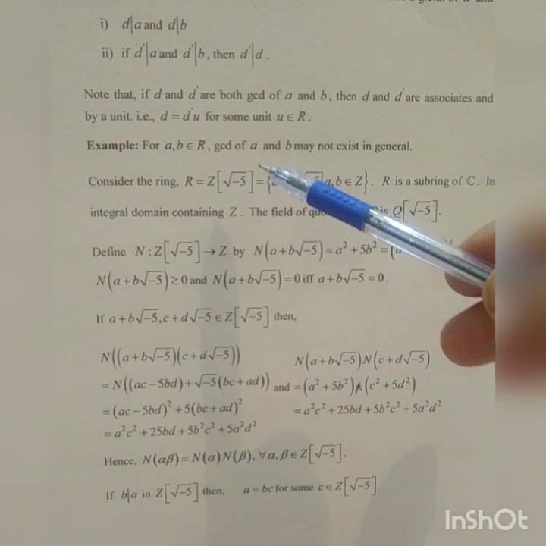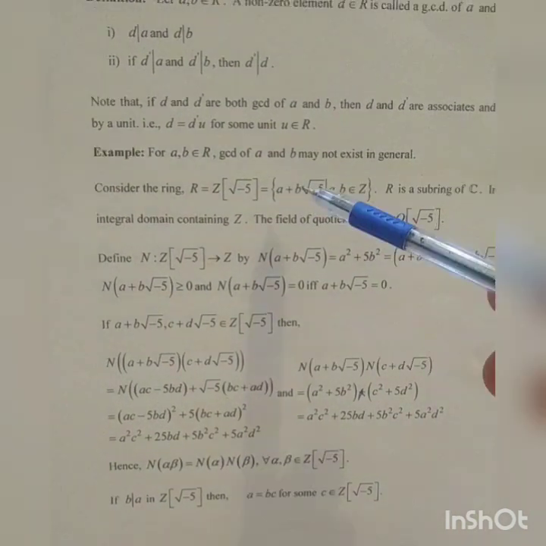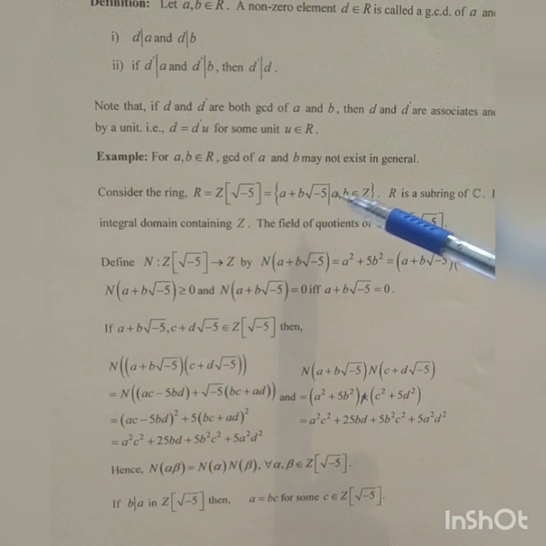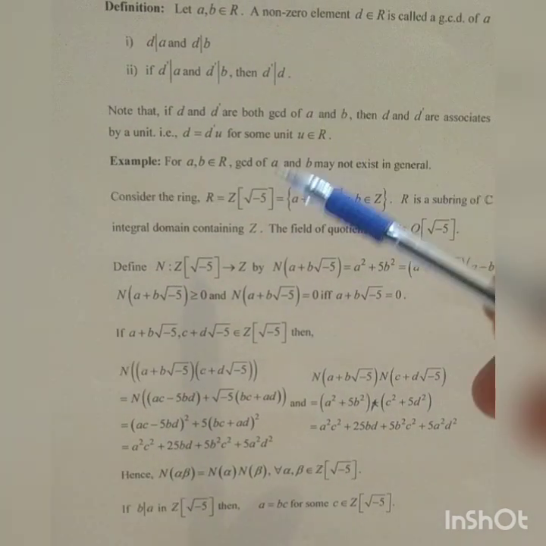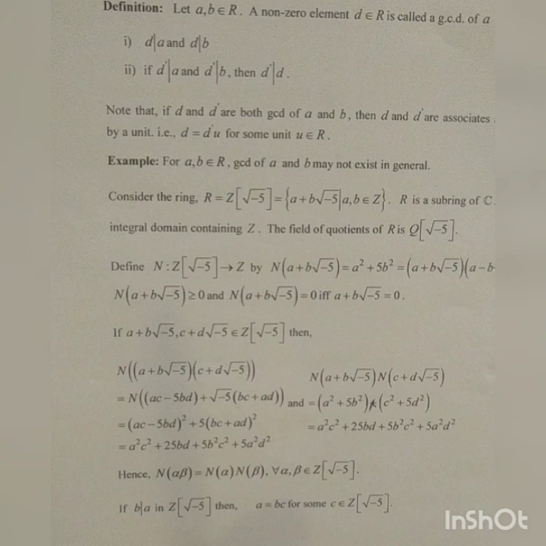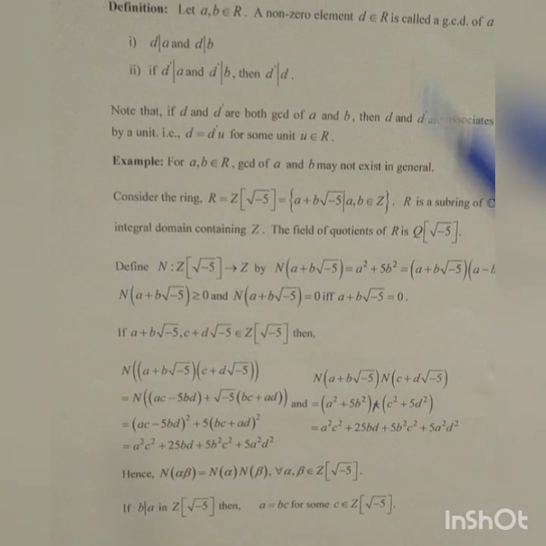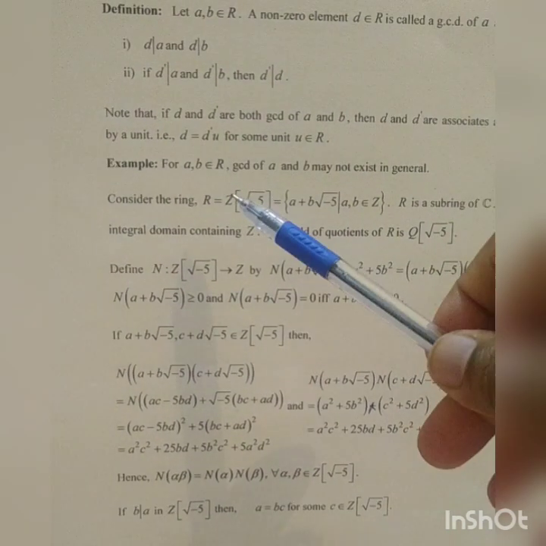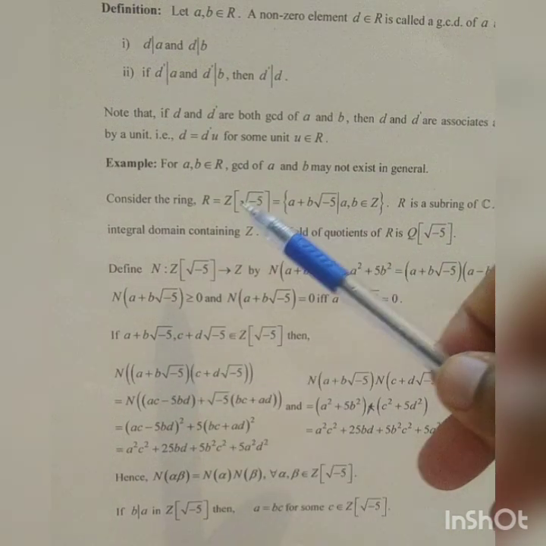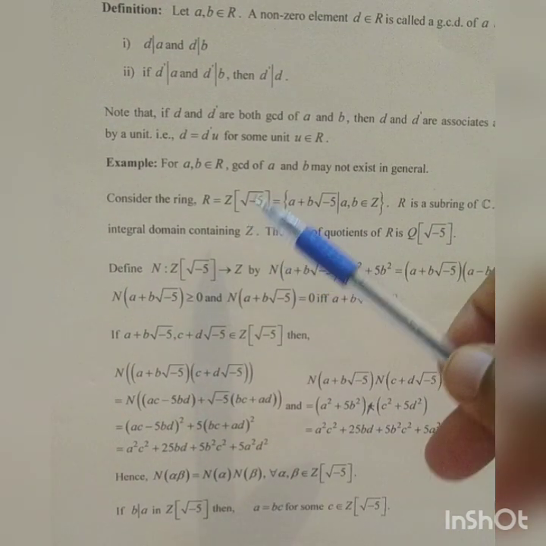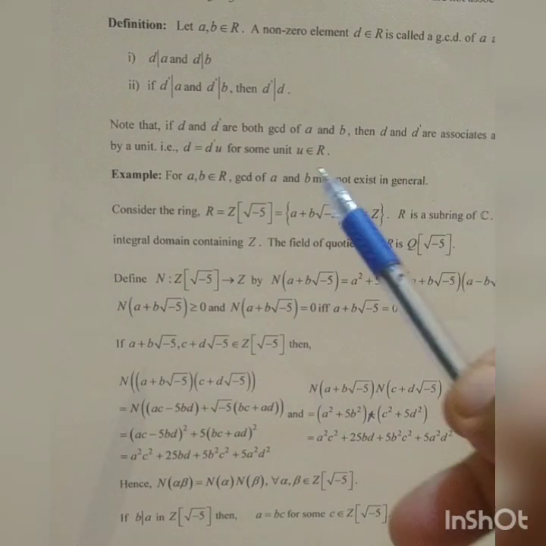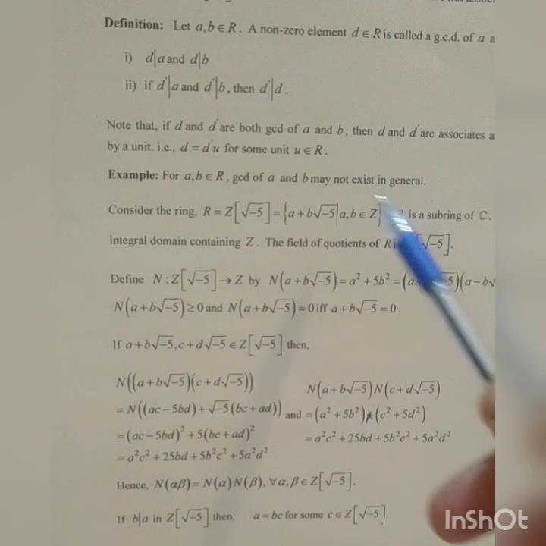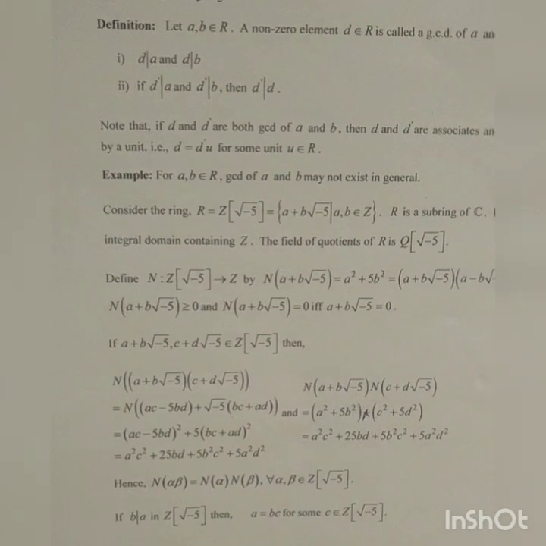Consider the ring Z of root minus phi, which consists of elements of the form A plus B root minus phi, where A and B come from Z. Clearly, this ring is a subring of the complex number set, and further, Z of root minus phi is an integral domain, which contains the integers. And in fact, the field of quotients of this ring is Q of root minus phi.